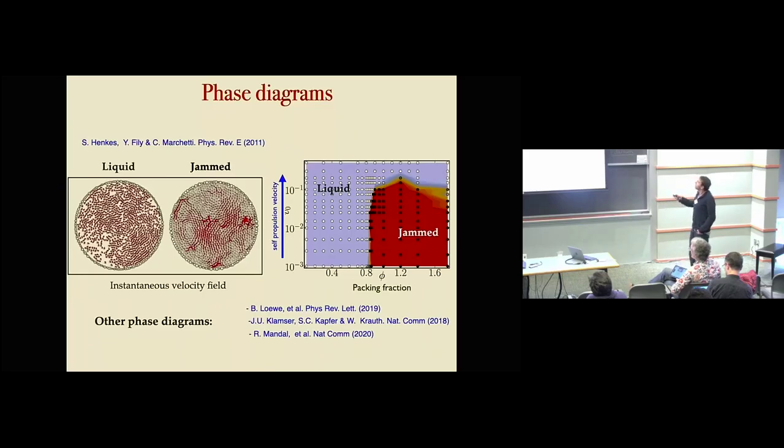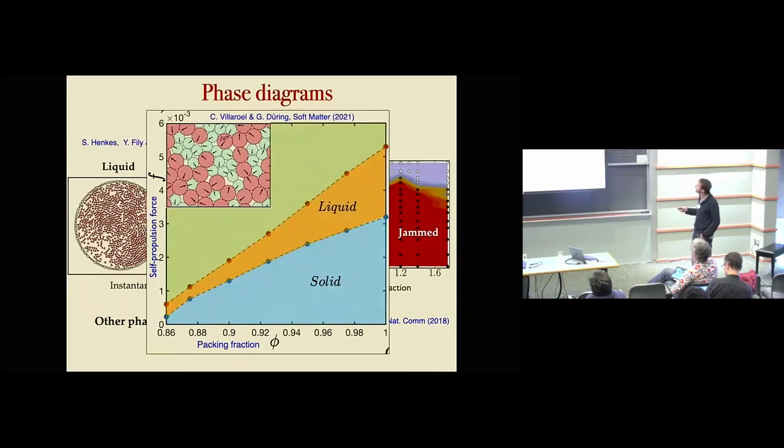After this work, many others have shown, with slightly different equations of motion, different kinds of phase diagrams, to name a few of them. And since everyone wants to have a phase diagram, we also did a phase diagram. This is for a slightly different system.